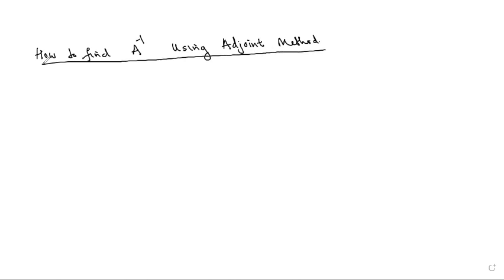So today what I'm going to teach you is how to find A inverse using the adjoint method. So first I'll have to teach you how to calculate the adjoint of a matrix. So that's the first point.